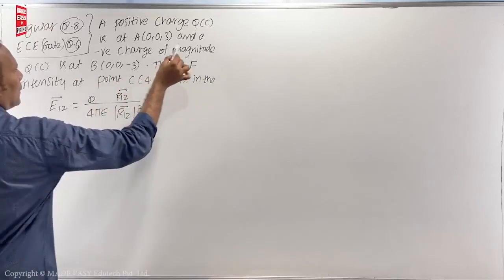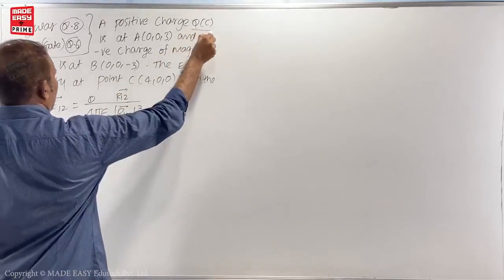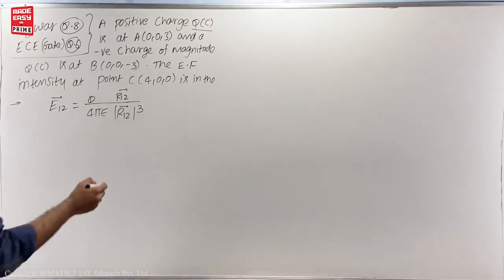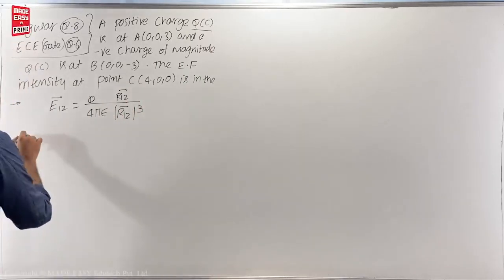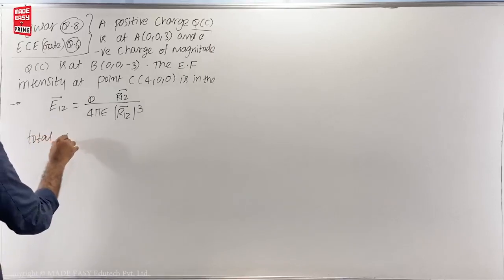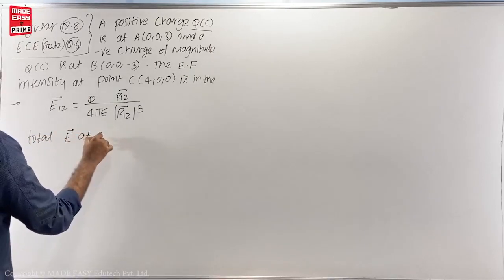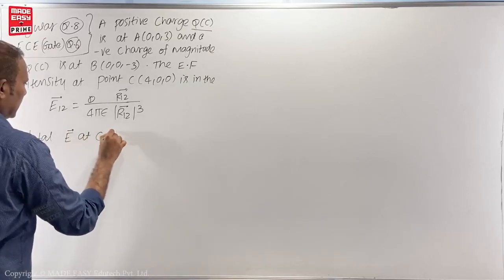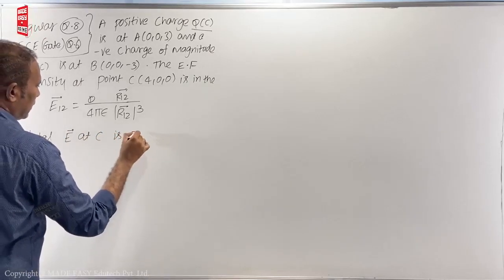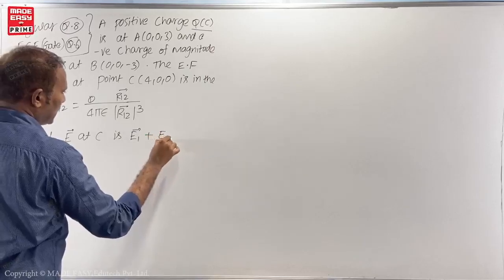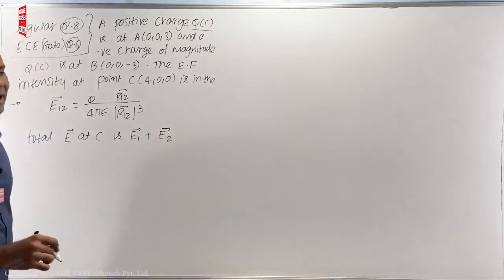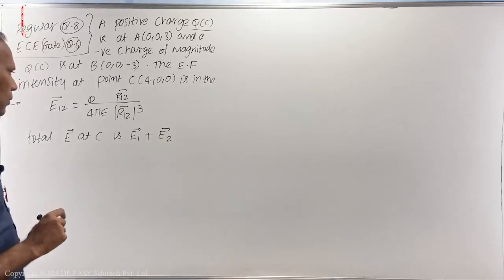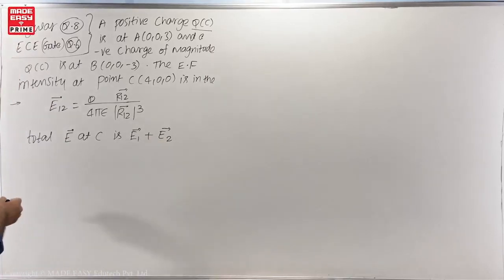Now here Q charge is there and minus Q charge is there. Two charges are there. You want electric field here. So total E bar at point C is E1 bar plus E2 bar.